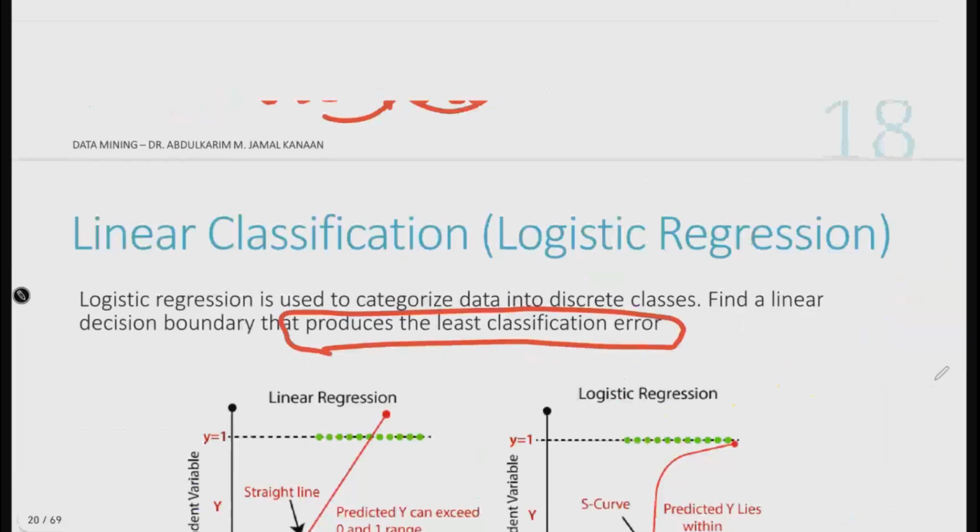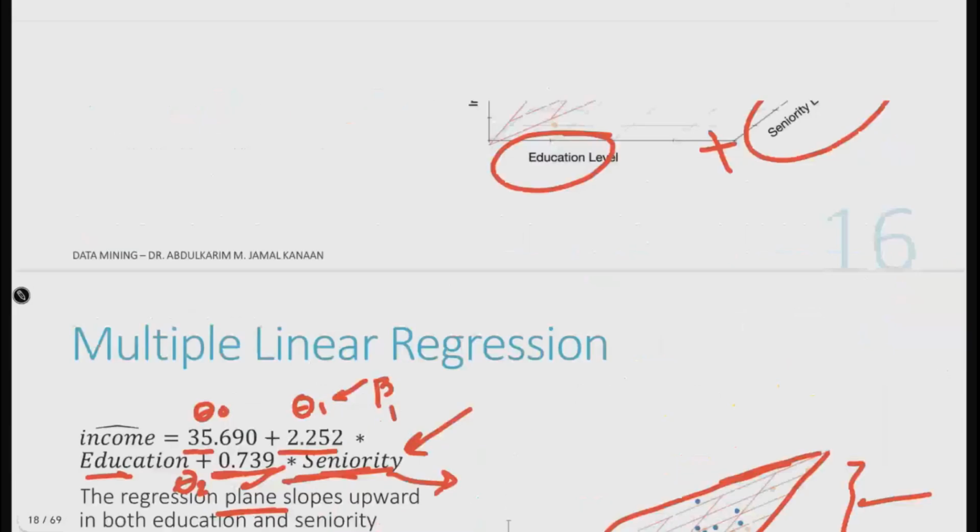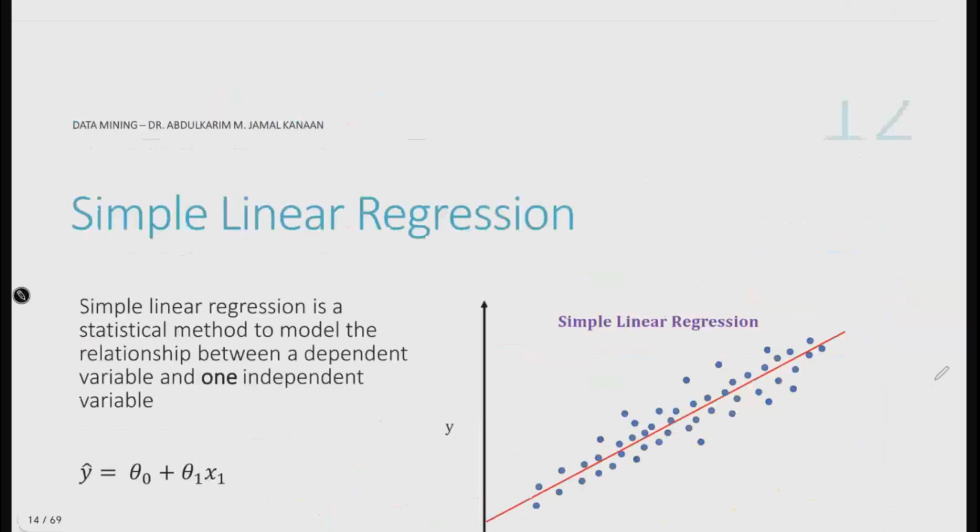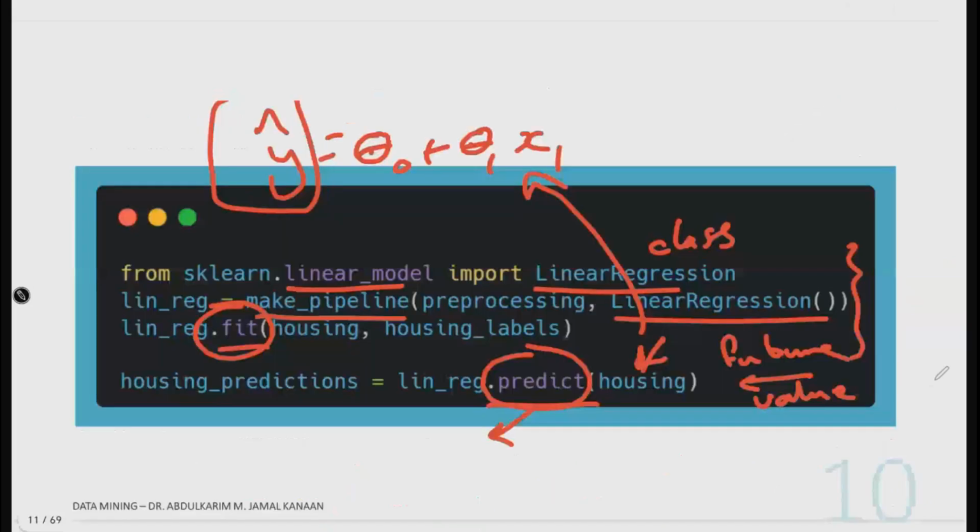The best solution is the one that minimizes the sum of squared error.